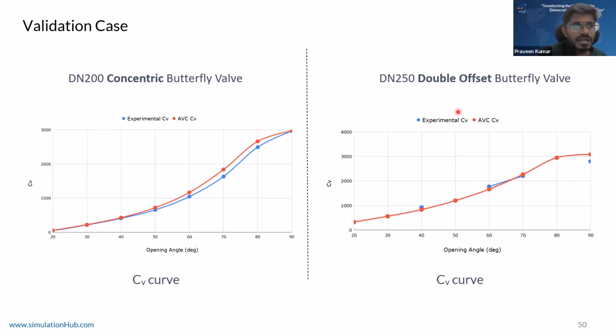They have valve designs for which they performed a flow loop test, and the lab report is available. We performed the simulation and found it to be more than 90% accurate with the experimental results. We do this as a trust building activity. Even if you have any of your valves for which the CAD model and flow loop test data is available, we can perform these simulations and provide you with the compared results.